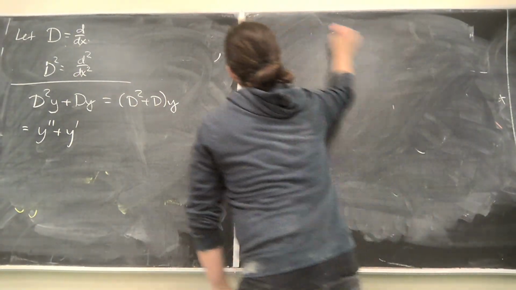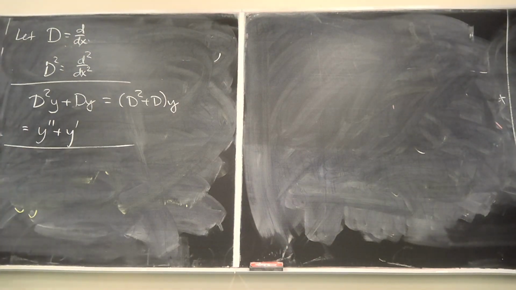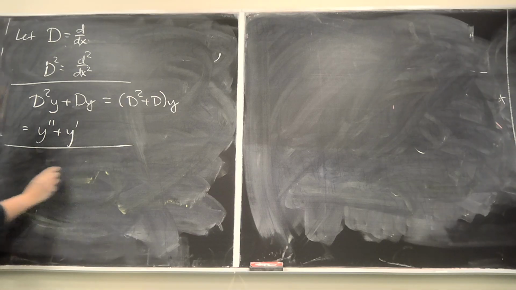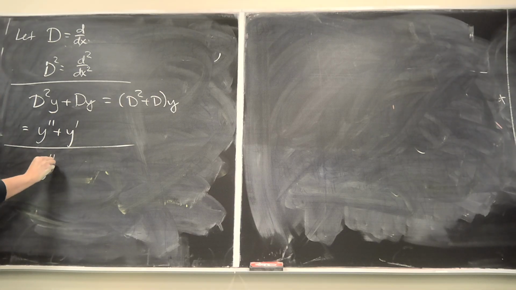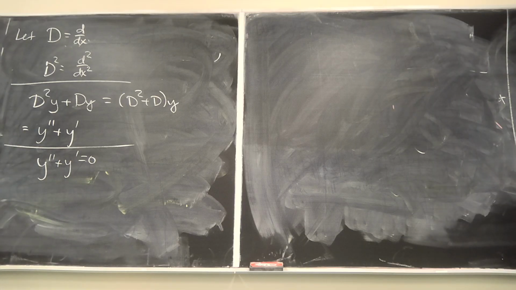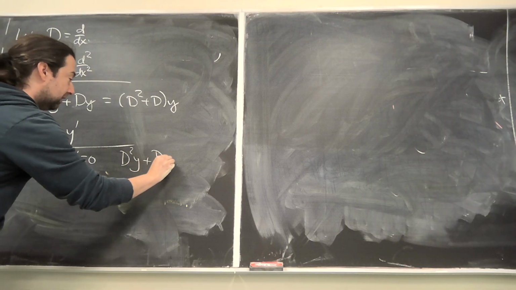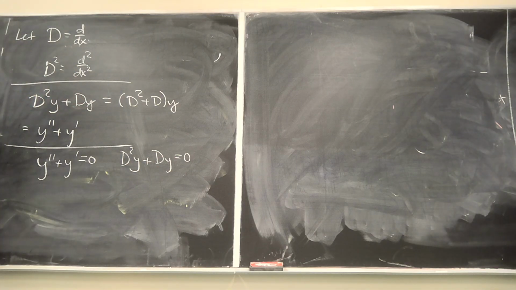So when the book writes down a differential equation, what it likes to do is to say, if you had the differential equation y'' + y' = 0, the first thing it's going to do is rewrite this as D squared y plus Dy equals 0. Then it's going to factor the y's out.